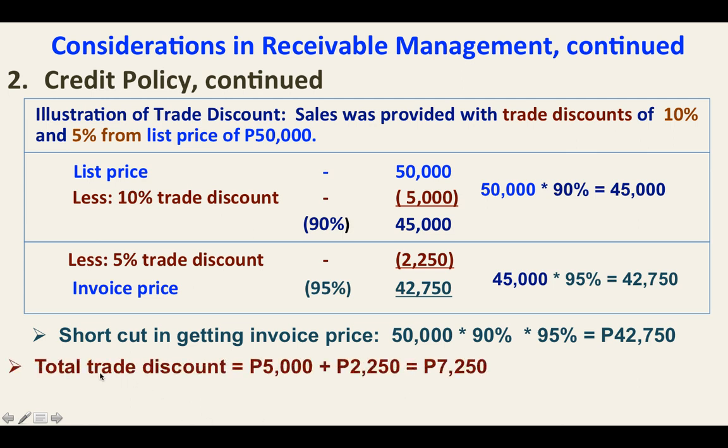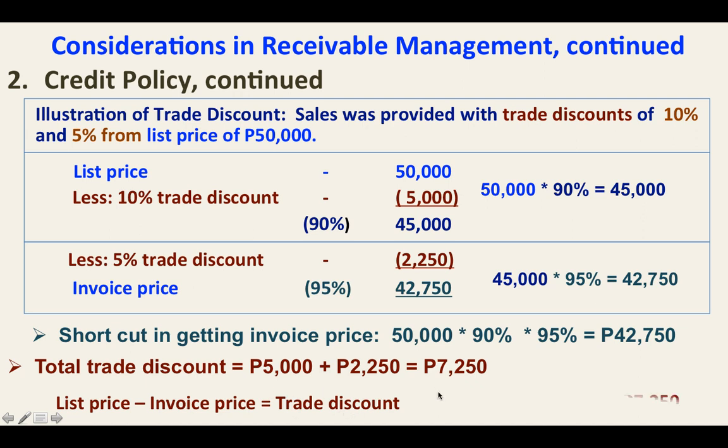Here, if your concern is only the invoice price, you can have the shortcut. However, if you are going to get the total trade discount, you have to do this, because you need to get the 5,000 and the 2,250, so you can get the total trade discount. However, if you already have the invoice price of 42,750, you can just do list price minus invoice price, which will give you the trade discount.